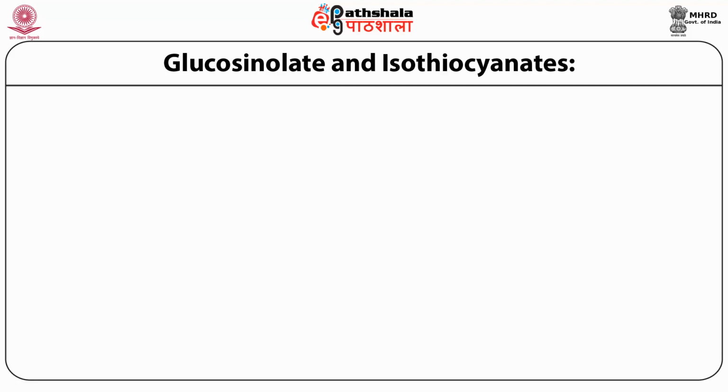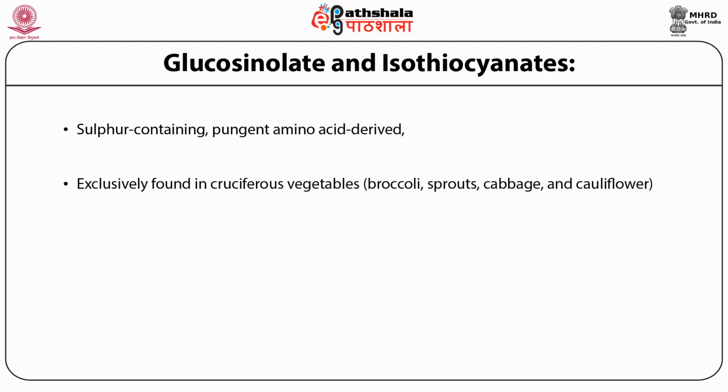Glucosinolates and isothiocyanates. The glucosinolates are sulfur-containing pungent amino acid-derived glycans and are exclusively found in cruciferous vegetables such as broccoli, sprouts, cabbage, and cauliflower.